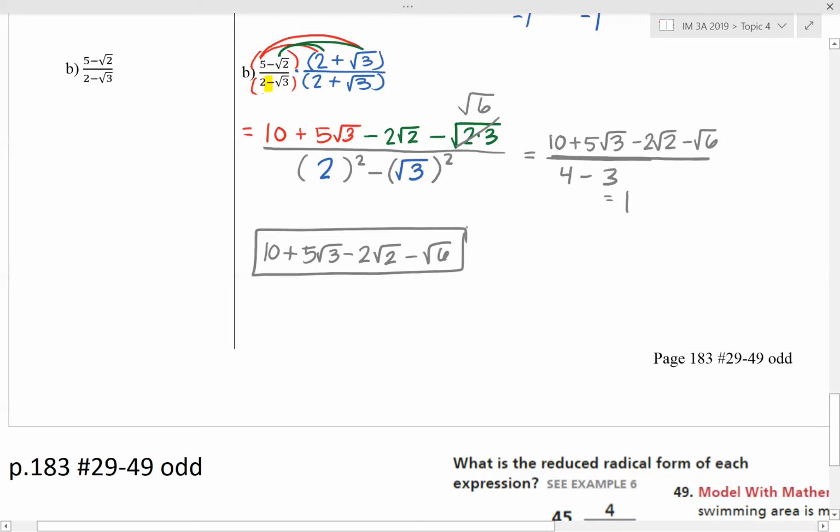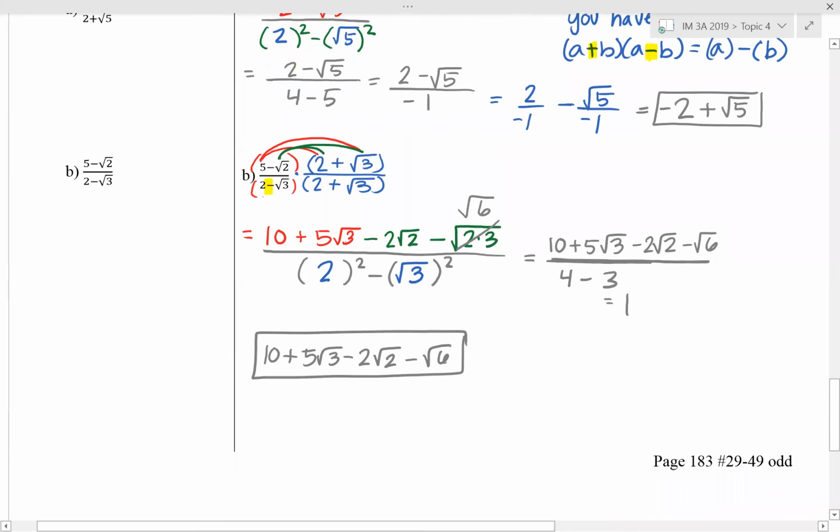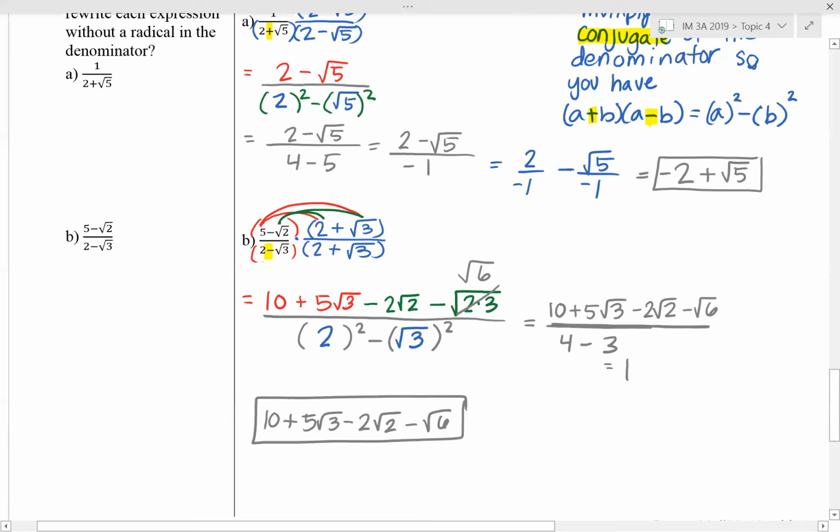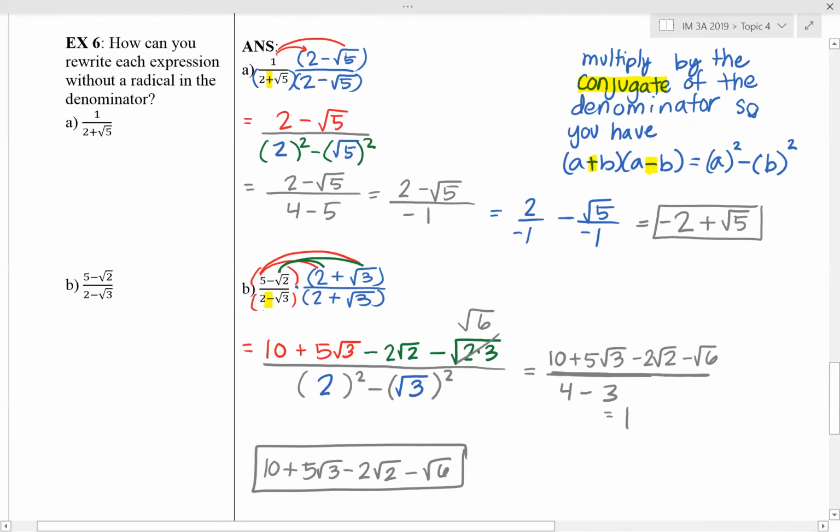Okay. So again, our goal is really just to have a single number or nothing in the denominator. So it won't always happen where we have these expressions without denominators when we're rationalizing. All that we care is that there is no more radical in that denominator.